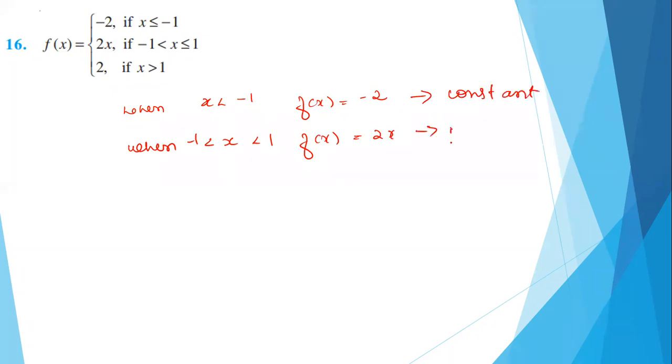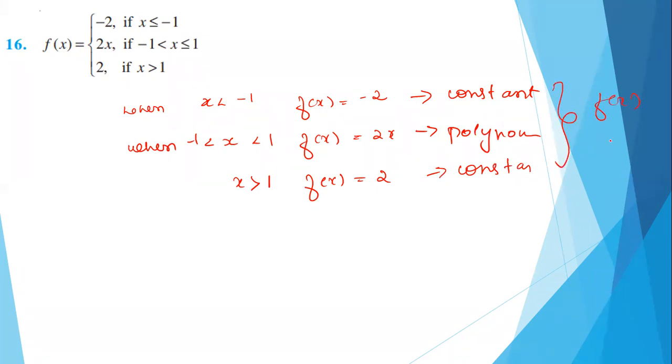This one is polynomial. And when x is greater than 1, f of x is 2, and this is also a constant. So in all these 3 cases, f of x is continuous because a constant function is continuous.